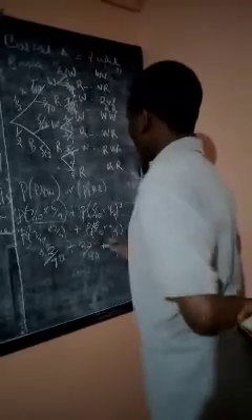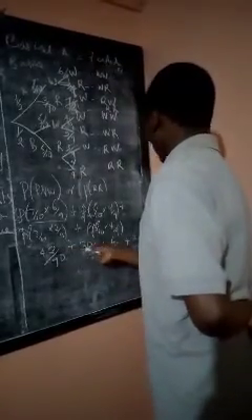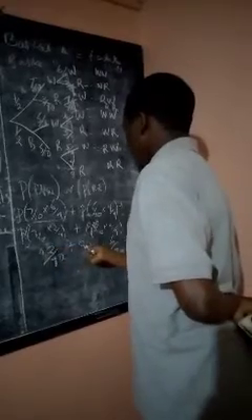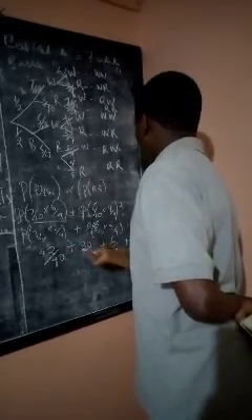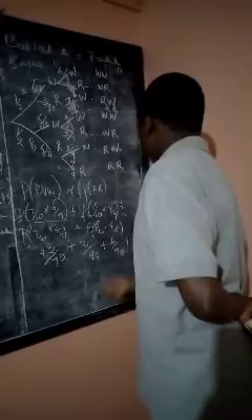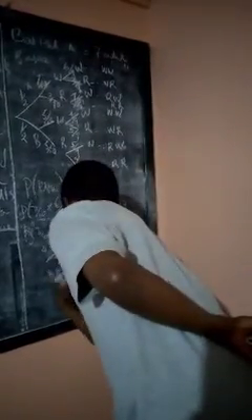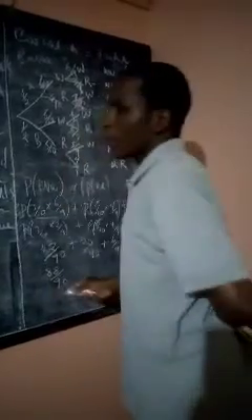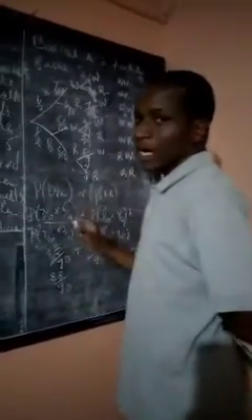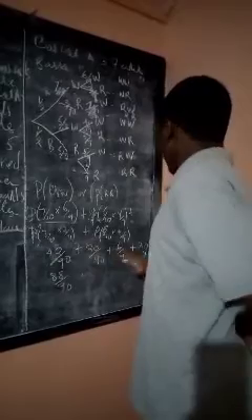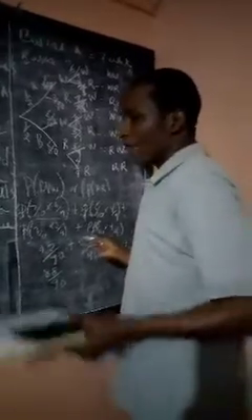If we add these, we get 42 plus 20, that is 62, plus 6, that is 68, plus 20, that is 88 over 90. The probability of picking similar balls is equal to 88 over 90.